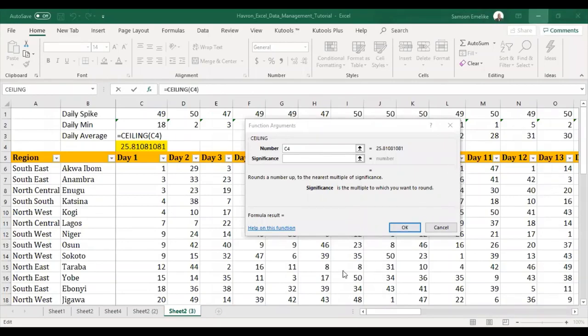All right, thanks. So what we are looking at now is 25.8108. If we say one significant, we're saying that the figure after the point is significant. The second one is also significant.